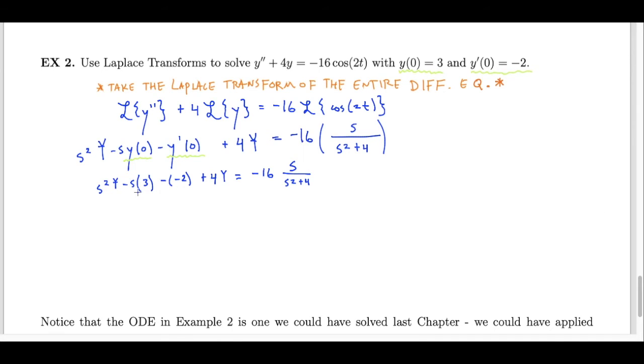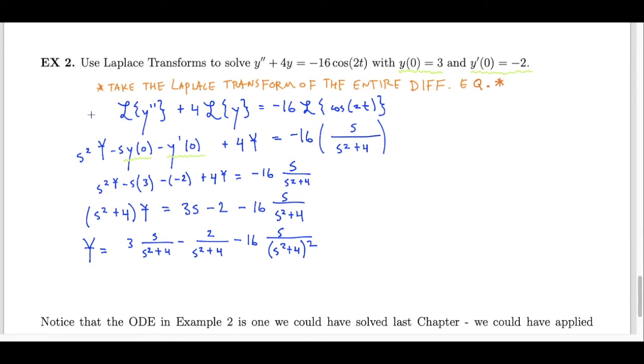Next, I'll go ahead and move those terms over to the right so that the left-hand side just contains these capital Y terms. I'll go ahead and factor out the capital Y on the left as well. And now I can divide both sides by this quadratic coefficient on capital Y. Notice that this quadratic is exactly the characteristic polynomial of the homogeneous part of this differential equation. Let me go ahead and divide by that.